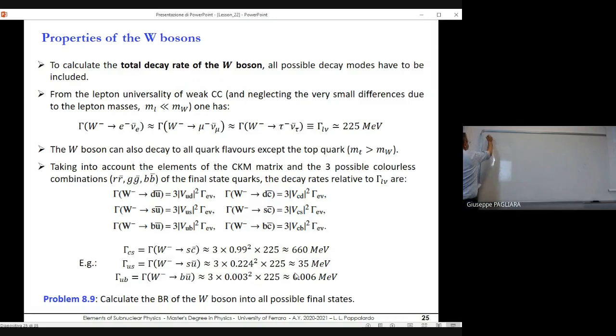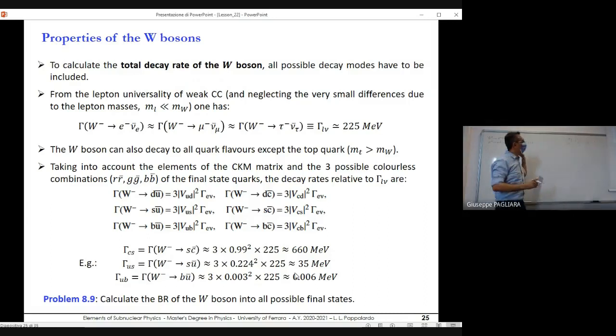Okay, so the leptonic modes start with the W plus: it is e plus neutrino e, mu plus neutrino mu, tau plus neutrino tau. These are the three possible leptonic modes for the W plus. And for the quark modes, we have all the possible combinations: u d-bar, c d-bar, u s-bar, c s-bar, u b-bar, or c b-bar.